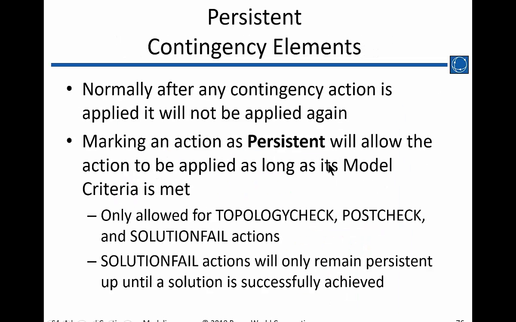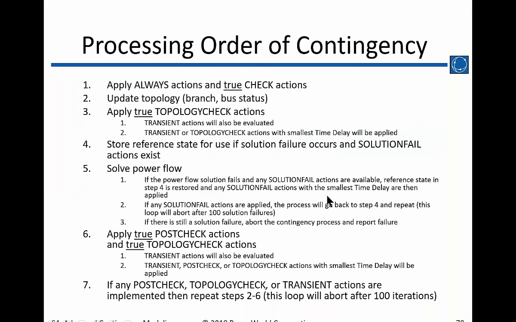We did use persistent contingency elements. That was in our load drop, and it just went through in 10% increments until the condition that it was associated with was no longer met. And then this slide just goes through and shows an overview if you've got a mixture of check and topology check and post check and solution fail, the process that it goes through to evaluate all these things, and it even incorporates time delays.